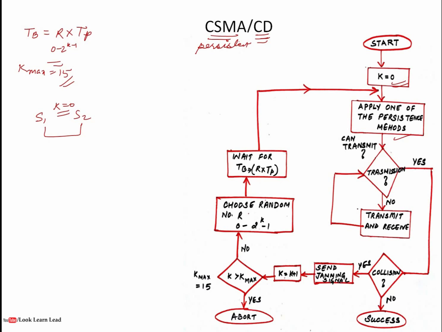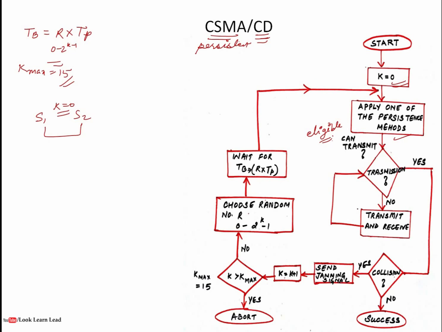It would check if it is eligible for transmitting. In the perfect case, k is 0, one of the persistent methods is applied, it is eligible for transmission, and it has transmitted.